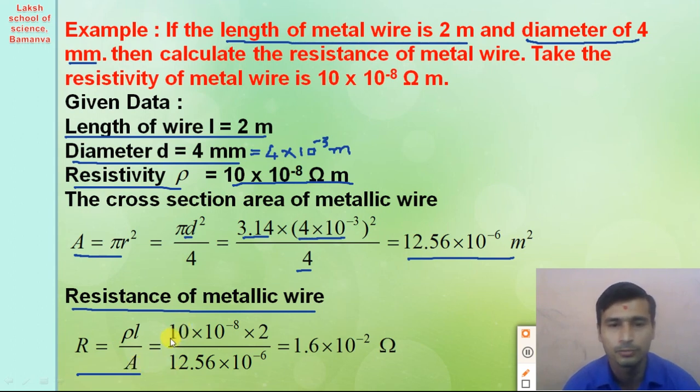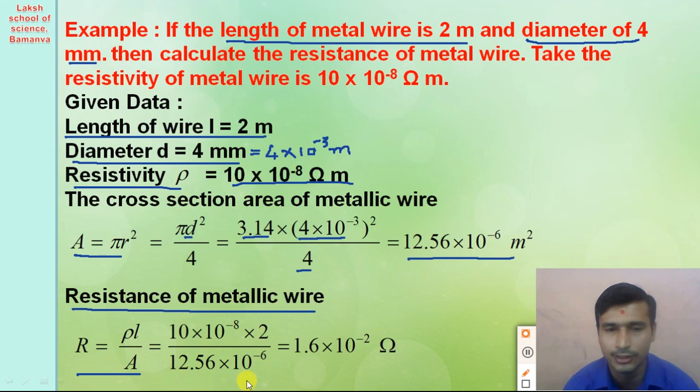We place the value of rho, 10 into 10 raised to minus 8, then the length of the conductor 2 multiplied by 2, and divide by the cross section area we calculated previously, 12.56 into 10 raised to minus 6.